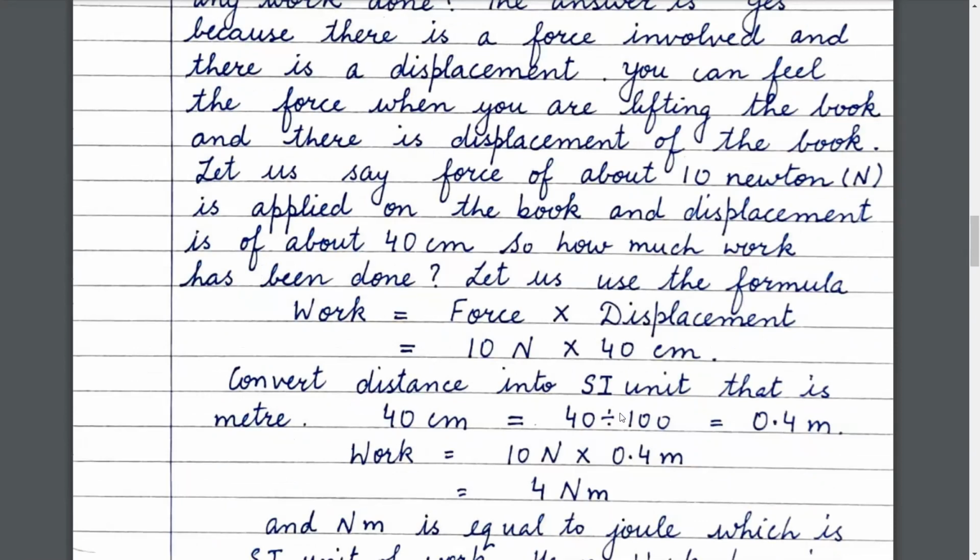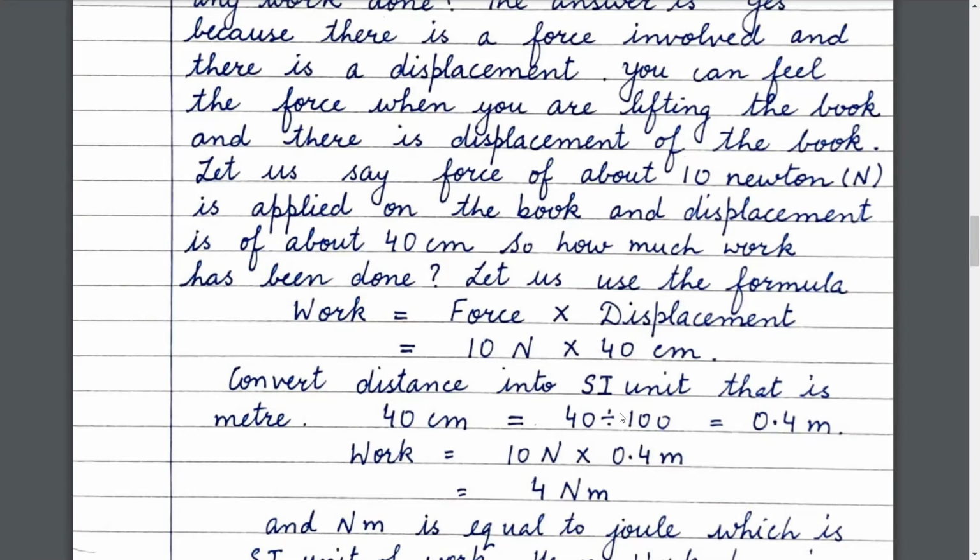So work done is equal to 10 Newton multiplied by 40 centimeter. Children, you have to convert distance into SI unit, and the SI unit of distance is meter.